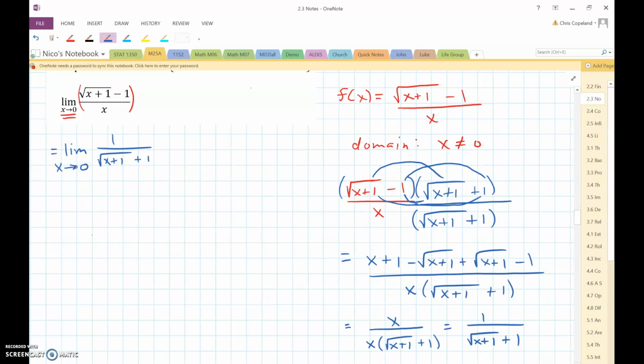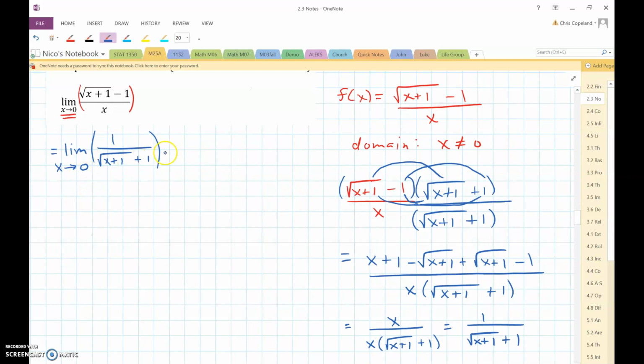Now you want to look at the domain of this. There's no way to make this equal to negative 1, because underneath the square root it has to be greater than or equal to 0. So this will work here.